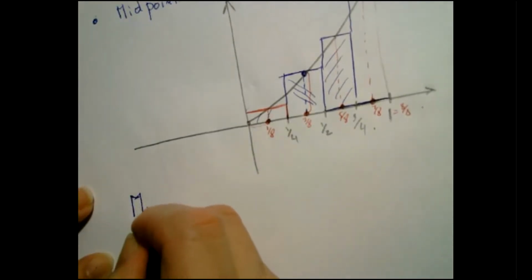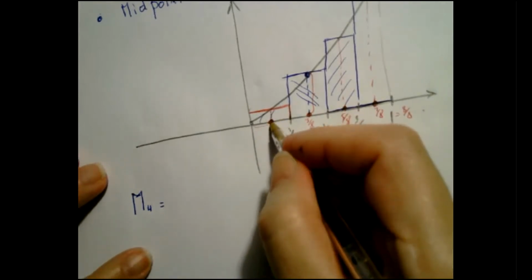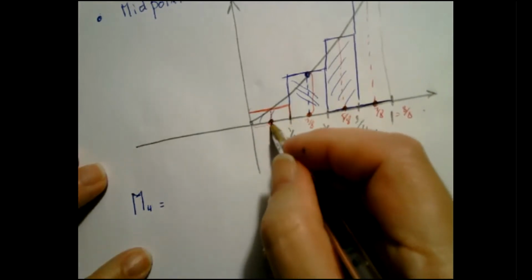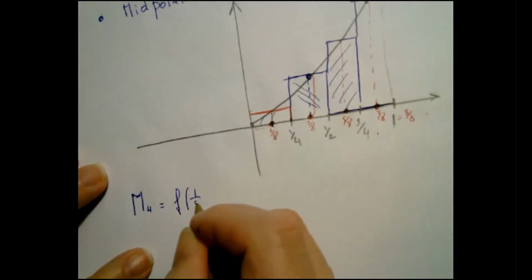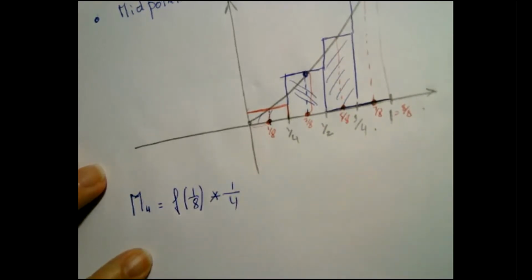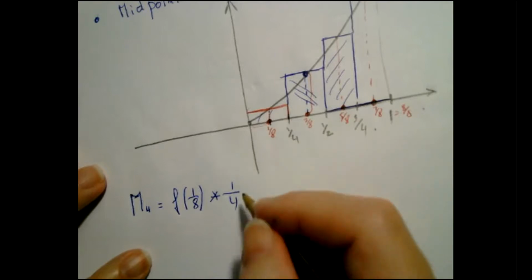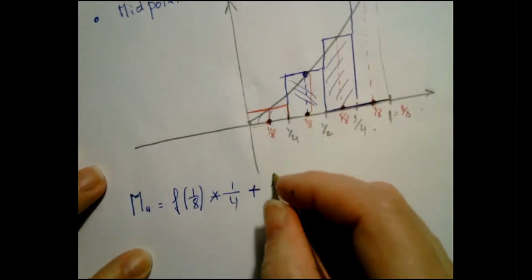And what is M4? M for midpoint, 4 for the number of subdivisions. Now, and I will be done. The height is the value at the midpoint. The width never changed, it is 1/4. Now, plus, the height is the value here at 3/8.